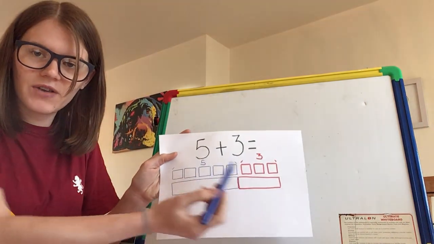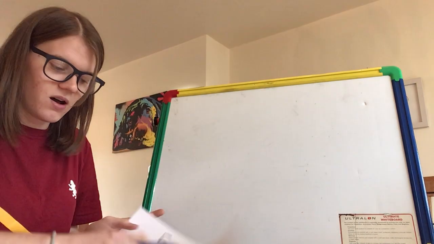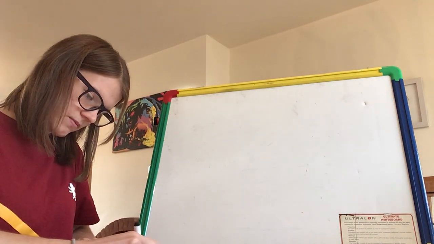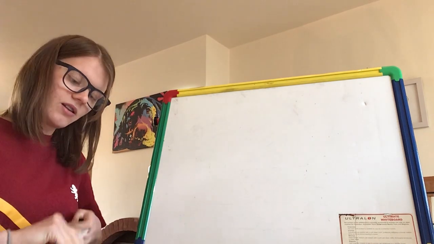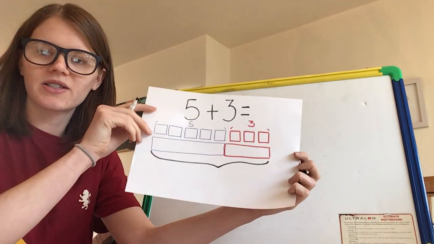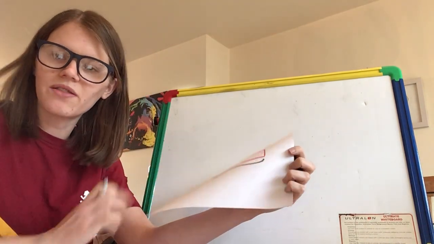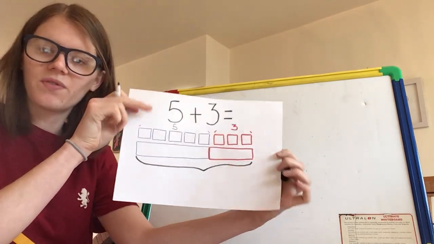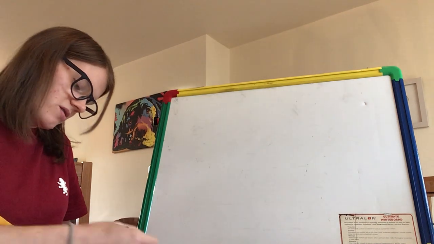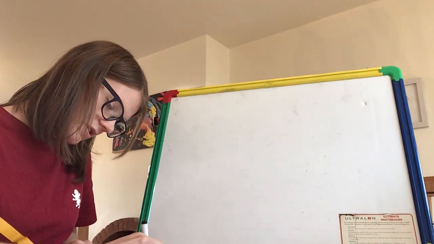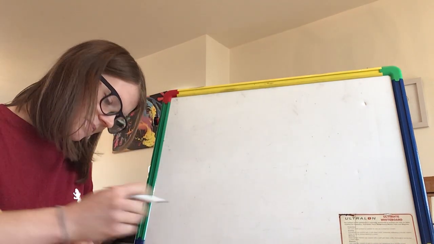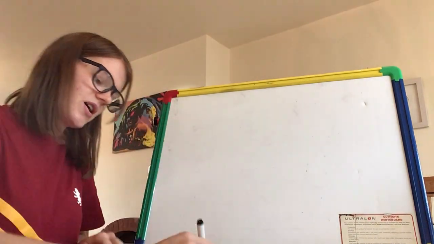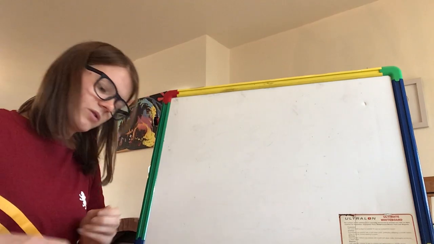So you've got 5 and you've got 3, and then down here all together you'd have a little line like this that would be asking you, so how many have we got all together? Well, we know we've got 5 on this side and we've got 3 on this side, so all together we have got 8, okay? So we have 8 all together.